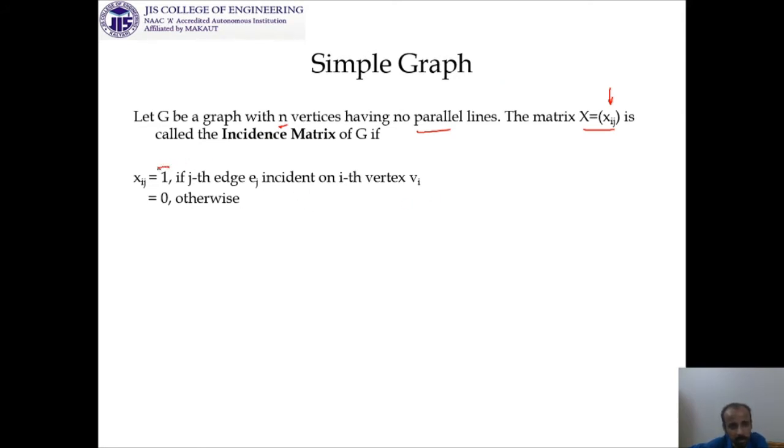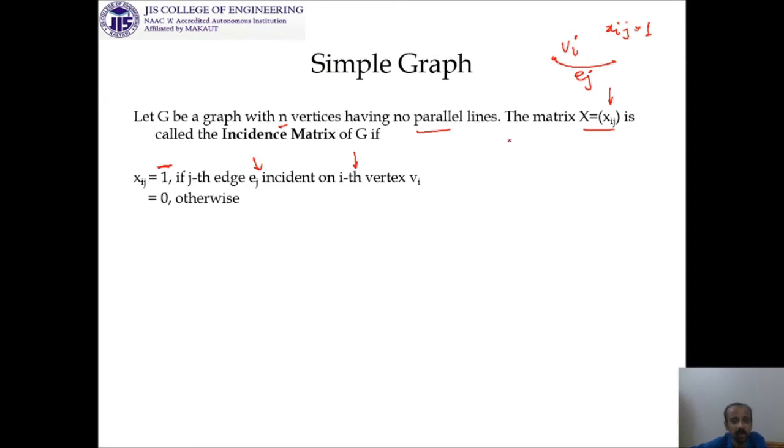The entry of Xij, that means the ijth position, will be 1 if the jth edge Ej is incident on the ith vertex Vi. So if there is a vertex Vi and an edge, suppose Ej, then Xij will be equal to 1, and otherwise it will be 0.